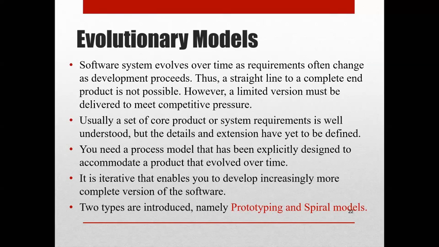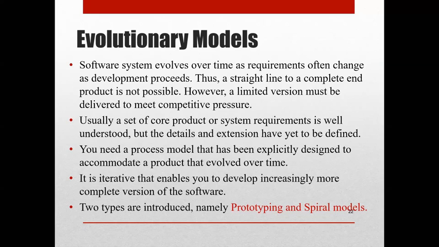One more point: the spiral model is a realistic approach to develop large scale systems of software. What is the meaning of large scale system? Whenever we are going to give any product, or if you want to understand the problem statement at this evolutionary level, you have to identify each of the levels, and only then you proceed to the next levels.